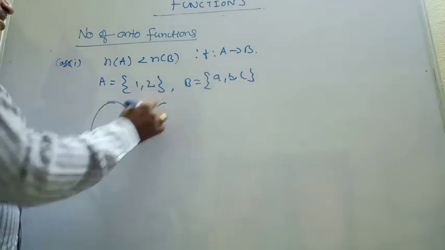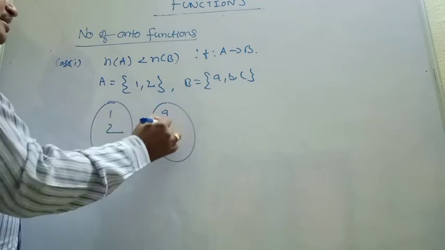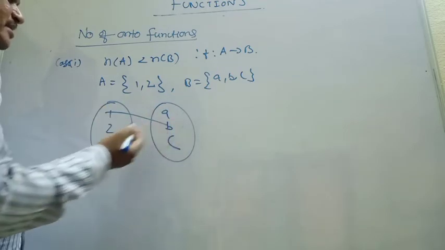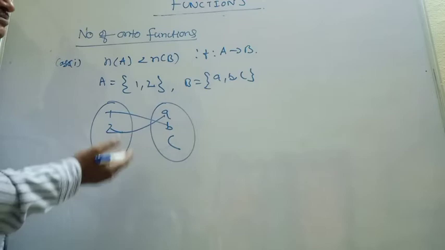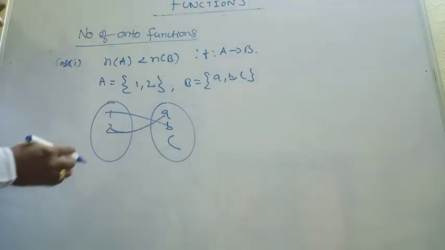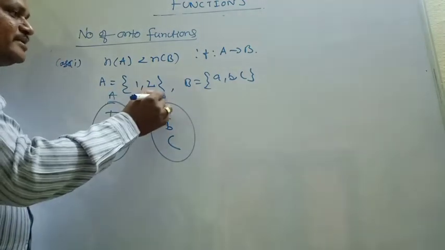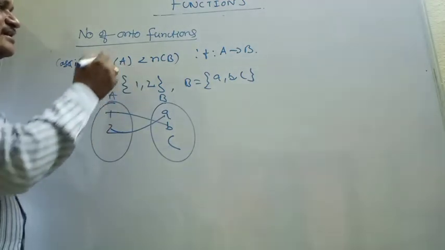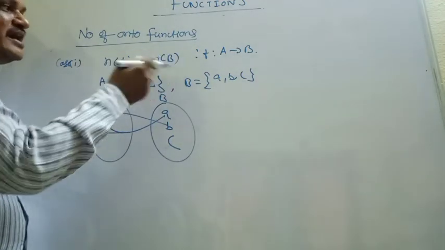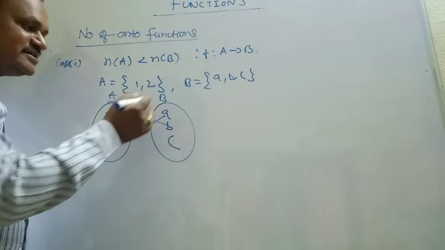In this case, 1 with maybe b and 2 with a, this is the possibility. That means n of A has 2 elements and n of B has 3 elements. In this case it is not at all an onto function.